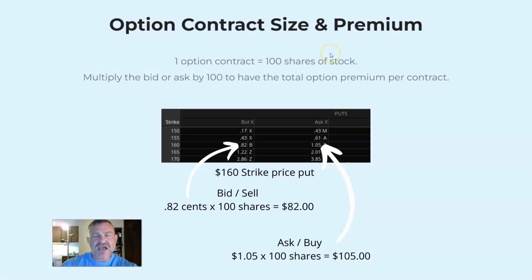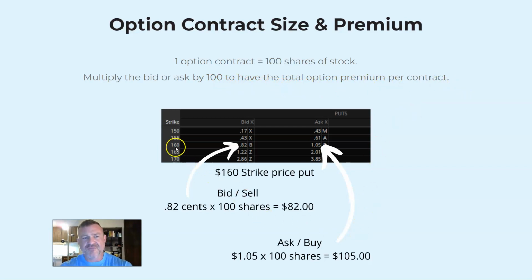Option contract size and premium. One option contract equals 100 shares of stock. So to get the total premium amount, multiply the bid or ask by 100 to have the total option premium per contract.